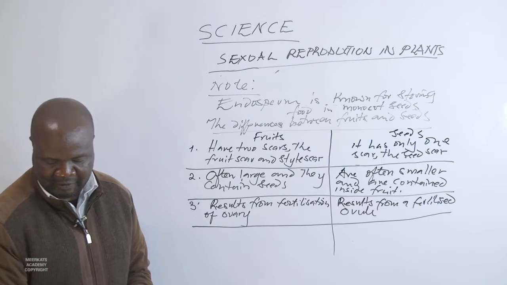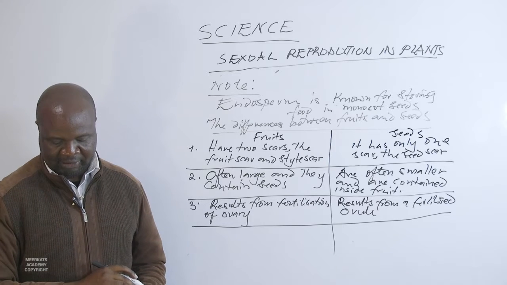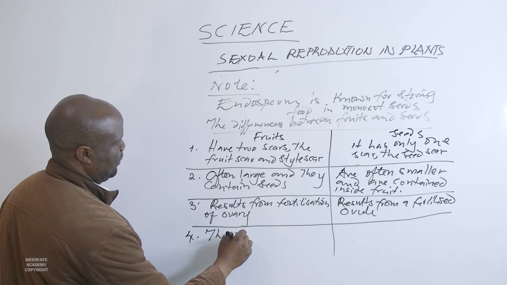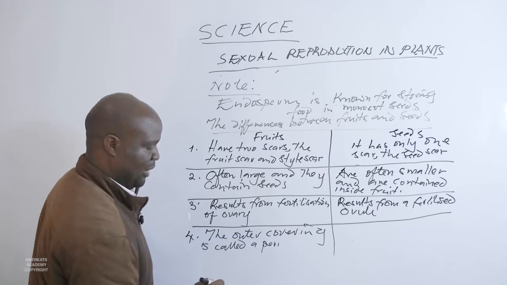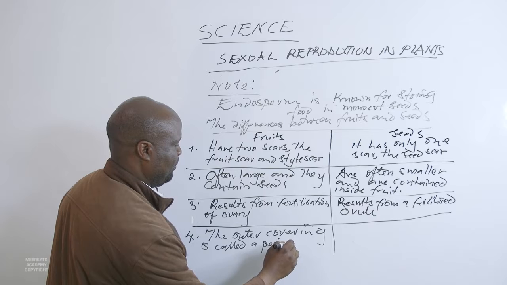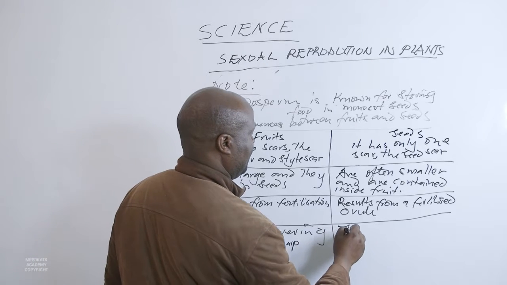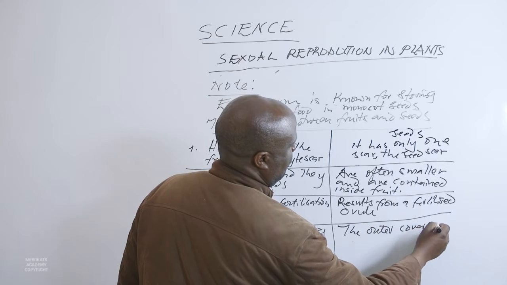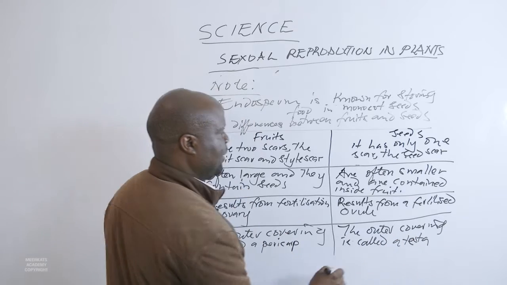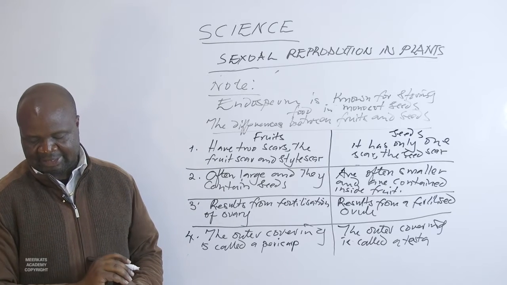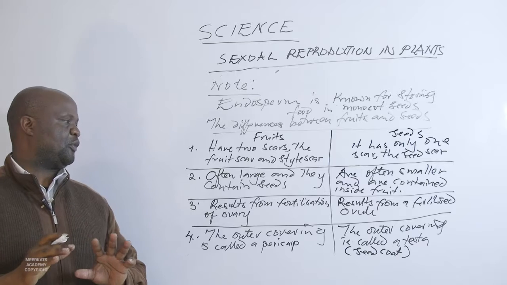Then the fourth difference worth mentioning: the outer covering of a fruit is called a pericarp, while the outer covering of a seed is called a testa. So there is also a difference when it comes to the outer covering.